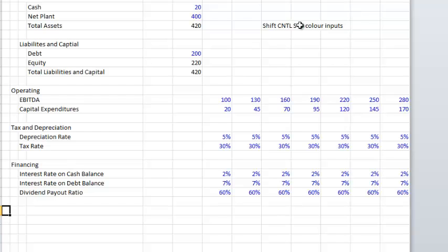I'm not going to compute the free cash flow and all that. I think the next thing I'm going to start working on is the debt and cash balance.